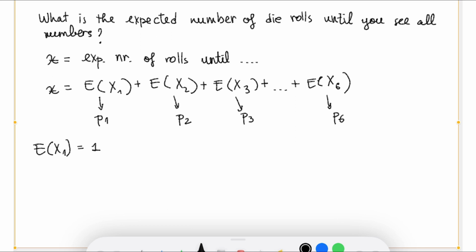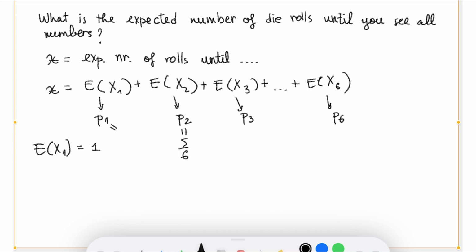The second expected value, we don't know it yet, but we know the probability to see another number different than the first one. This will be 5/6, right? We have 5 numbers that we want to see and 6 total numbers.